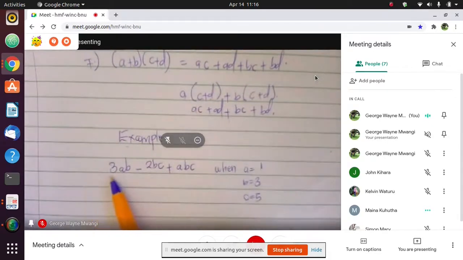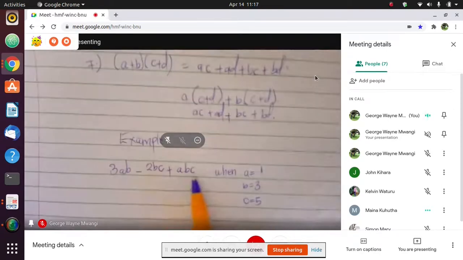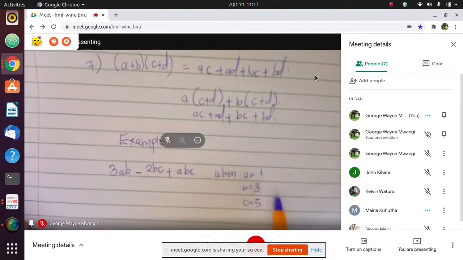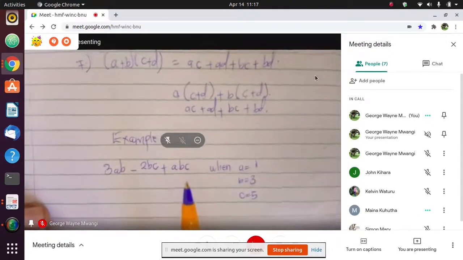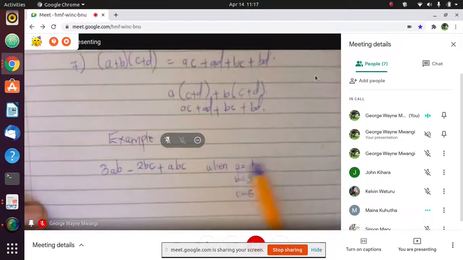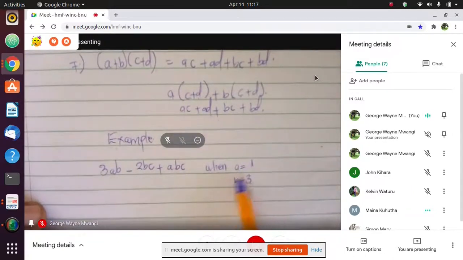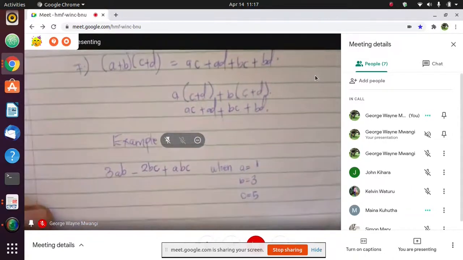We have been told to evaluate 3ab minus 2bc plus abc, given that a is equal to 1, b is equal to 3, and c is equal to 5. So what we'll do is we replace the values of a, b, and c with the values given, 1, 3, and 5.